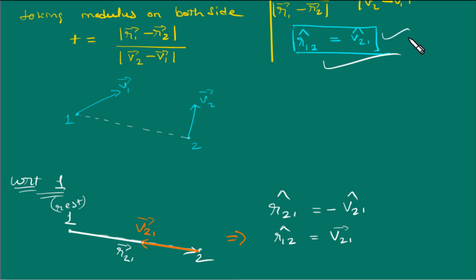So this expression is telling you that if a particle has to strike you, then its velocity must be towards you, as seen by you, right? If particle 2 is about to collide with 1, then according to 1, the velocity of particle 2 with respect to 1 should be towards 1.